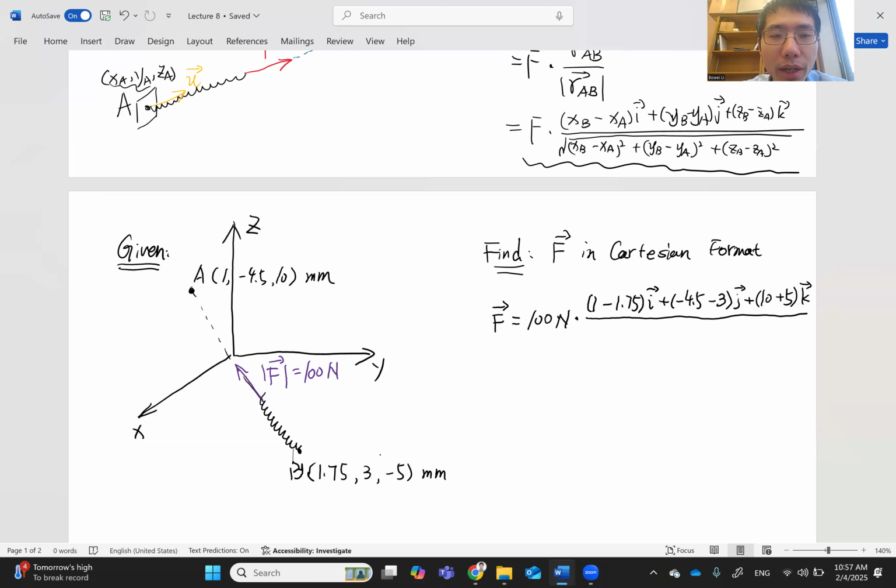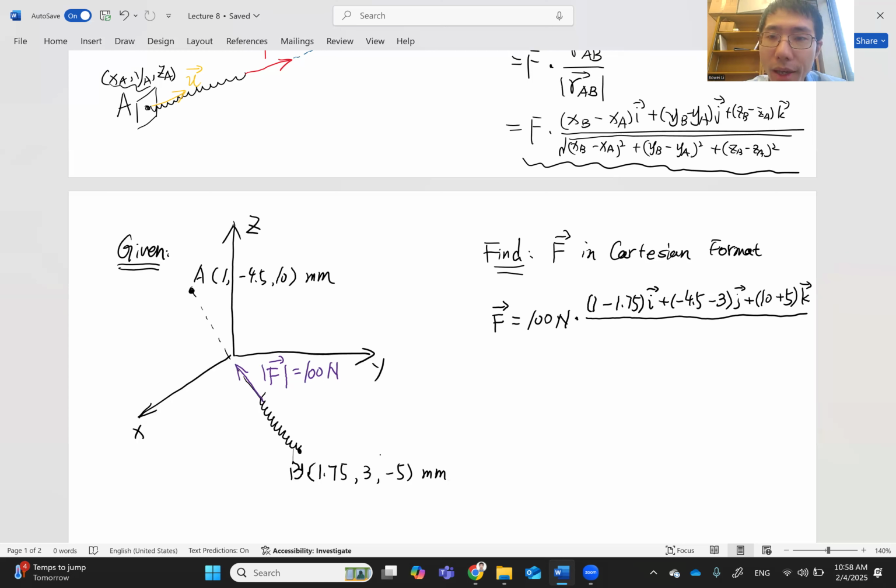But now we only have a position vector along the direction of force, and we need to convert this position vector, of which the length does not necessarily equal 1, to be a unit vector such that the length equals 1.